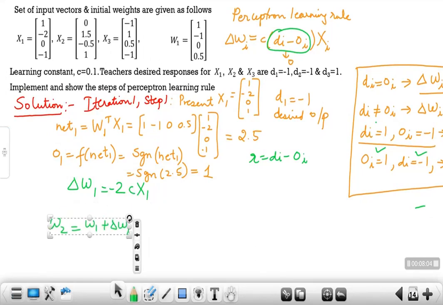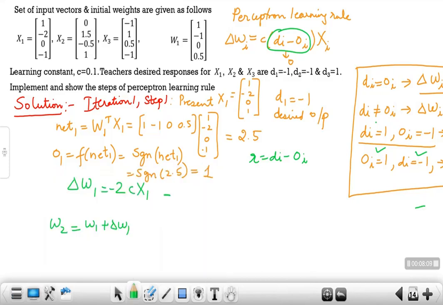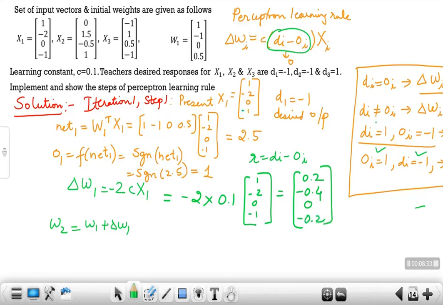So what will be W2? W2 will be W1 plus delta W1. So if we calculate, what will be delta W1? Minus 2, C is 0.1, into X1, which is 1, minus 2, 0, 1.